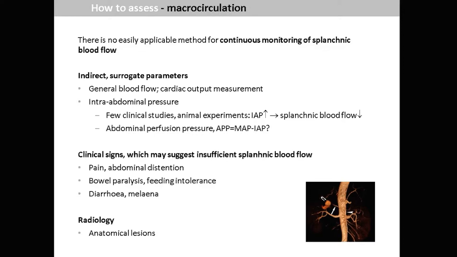Intra-abdominal pressures in that context are important, since despite there not being many clinical studies, there are experimental studies with data suggesting that an increase in intra-abdominal pressure will reduce splanchnic blood flow. I'll show you that later on. And we have the abdominal perfusion pressure, which is calculated as mean arterial pressure minus intra-abdominal pressure, and that can give you an idea of splanchnic perfusion.